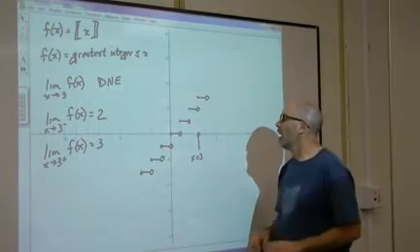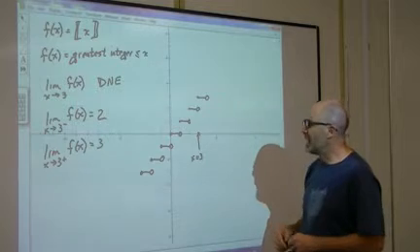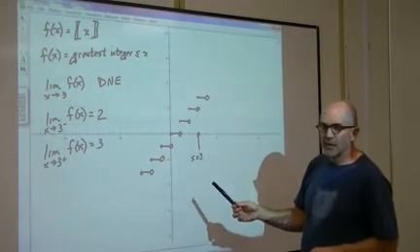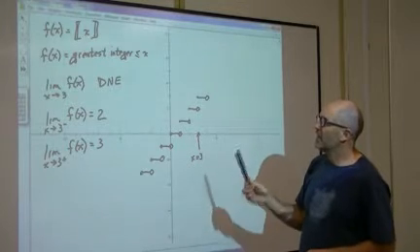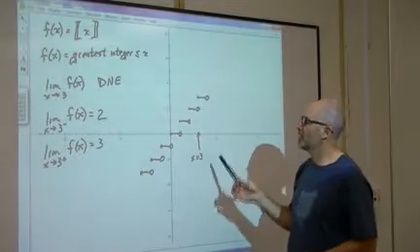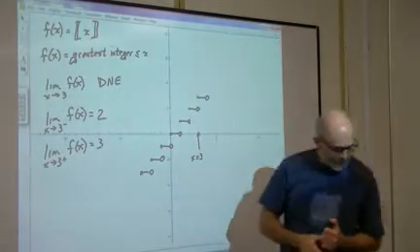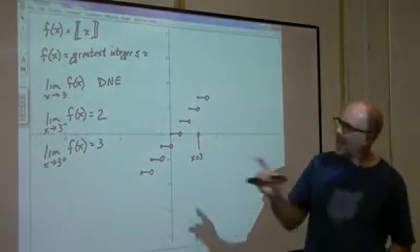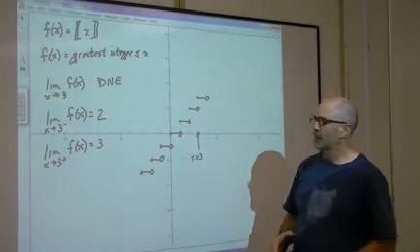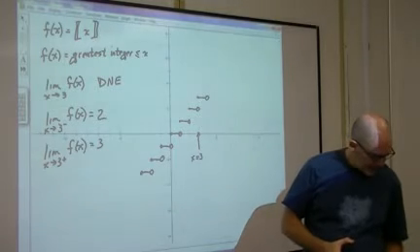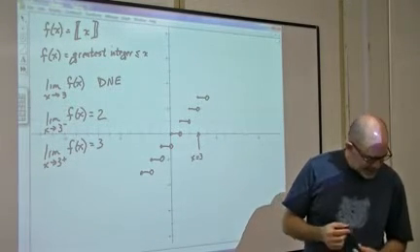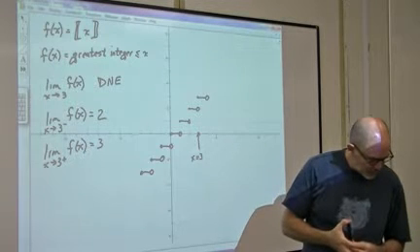So what we can say then is, for the greatest integer function, the limit as x approaches any integer is going to be undefined or does not exist, because at any integer you're going to have different right and left limits.